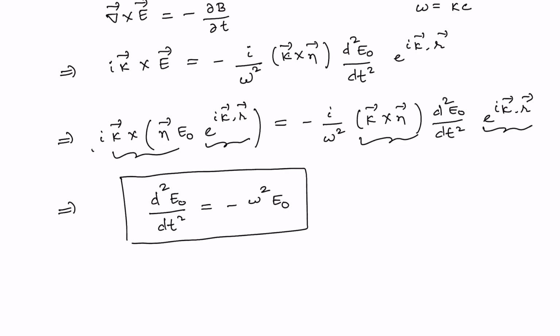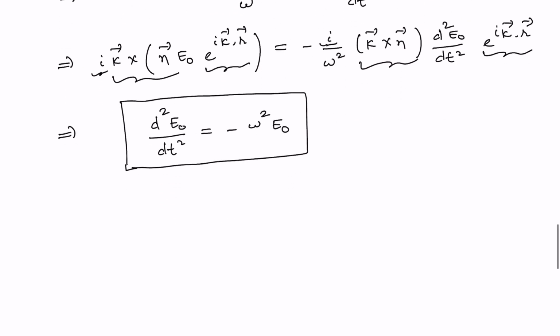It gets cancelled out, this i and this i also get cancelled, and then you will be left with this particular equation. And the solution of this equation, as you know, is simply E0(t) is equal to E0 at time 0 e to the power plus minus i omega t.